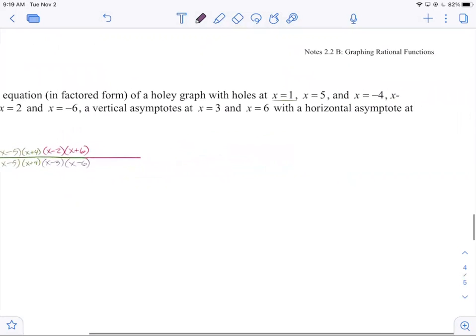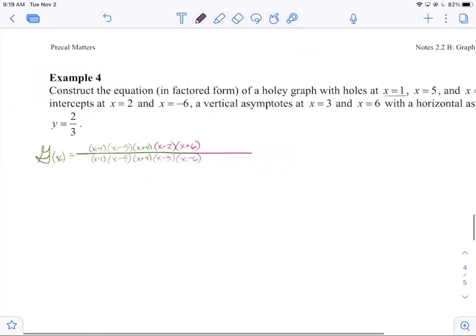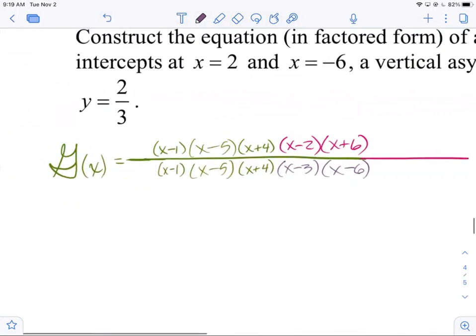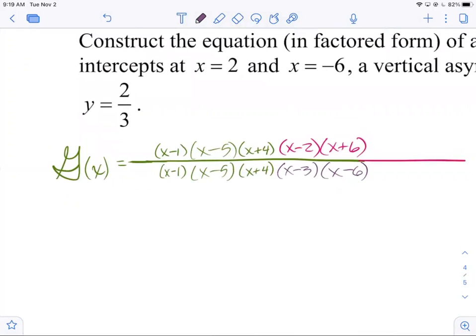And now I want a horizontal asymptote at 2/3. If you notice, there are just as many x factors on the top as on the bottom. Remember, in order to have a horizontal asymptote other than 0, I need the degrees to be the same on top and bottom. I'd have a 5th degree x in the top, 5th degree x in the bottom, and all of the coefficients of x are 1.